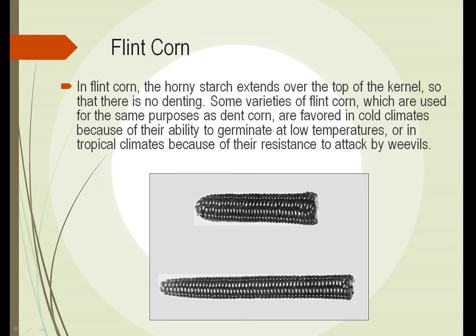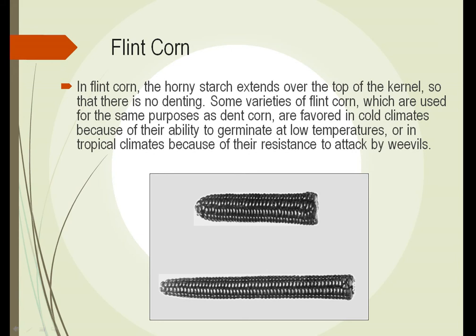In another type of corn called flint corn, the hard starch or horny starch from the side extends all the way over the top of the kernel. So even though the kernel will shrink a little as it dries out, there will be no denting in the top. Flint corn has the ability to germinate at a lower temperature than dent corn.